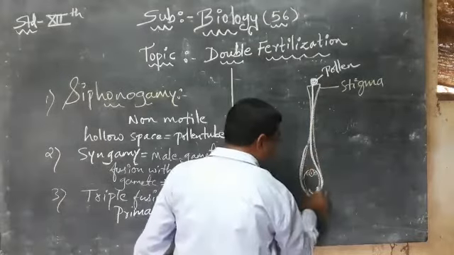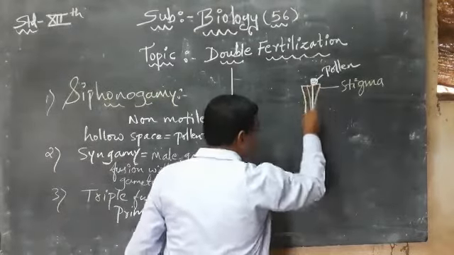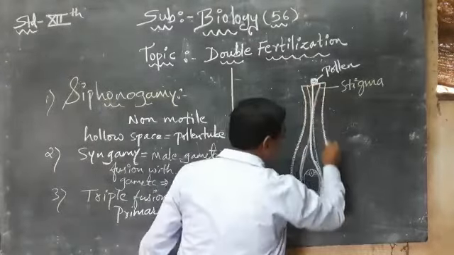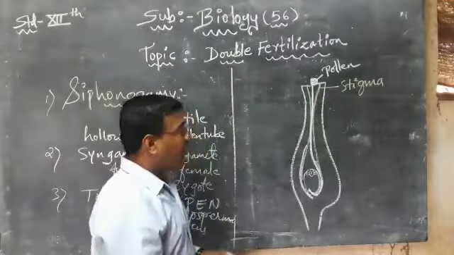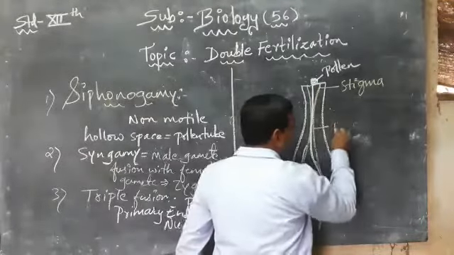When we are drawing the diagram, we should know that it is having a covering, and the pollen tube, we will label it.